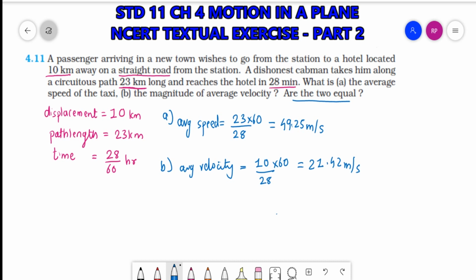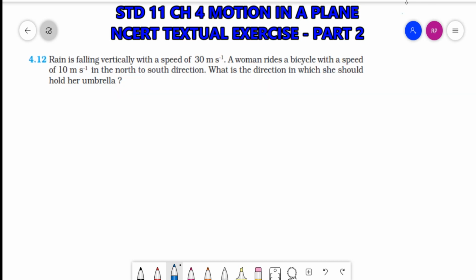Now let's move to the next question, that is 4.12. Rain is falling vertically with a speed of 30 meter per second. A woman rides a bicycle with a speed of 10 meter per second in north to south direction.